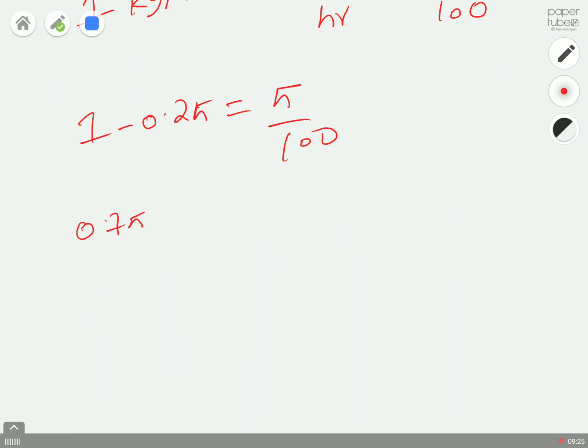So 0.75 multiplied by 100 by 5. 5 by 100 is 0.25. 5 multiplied by x by 100, minus 0.25 is 0.75, which should be equal to 75 by 5.